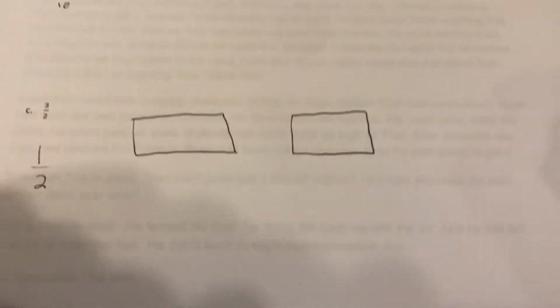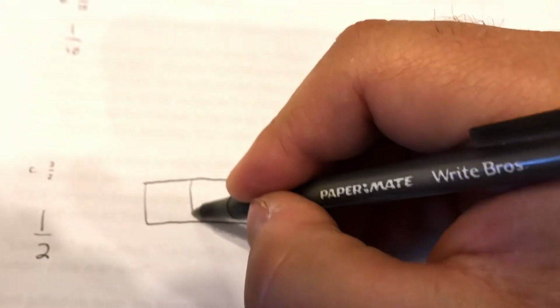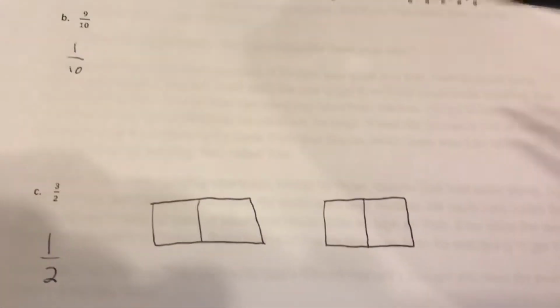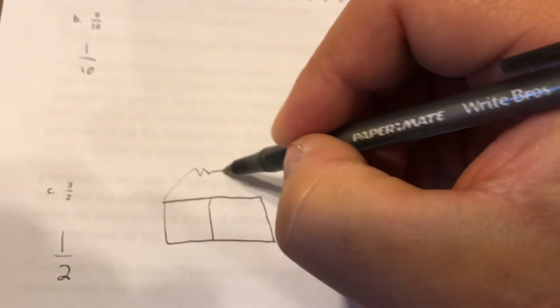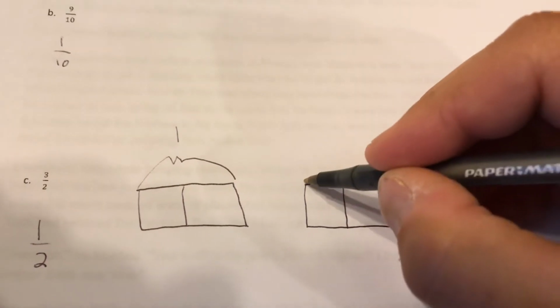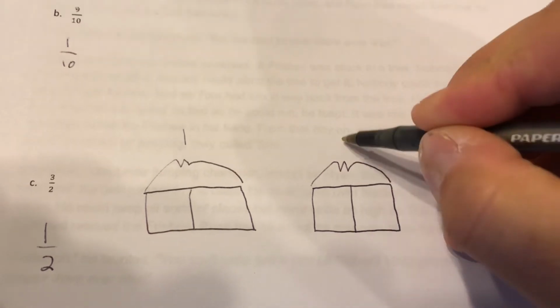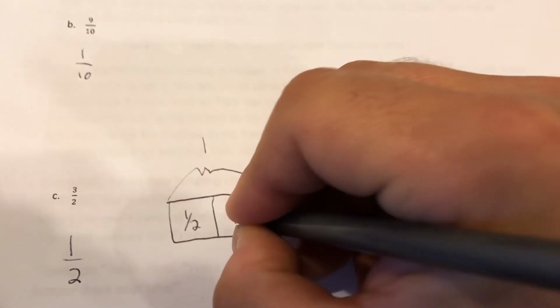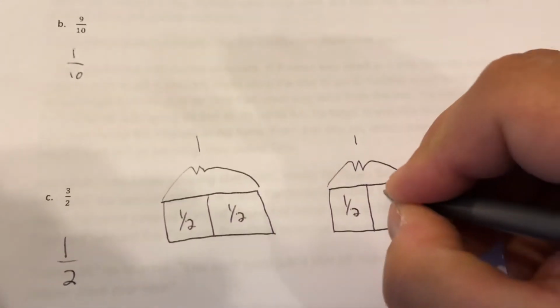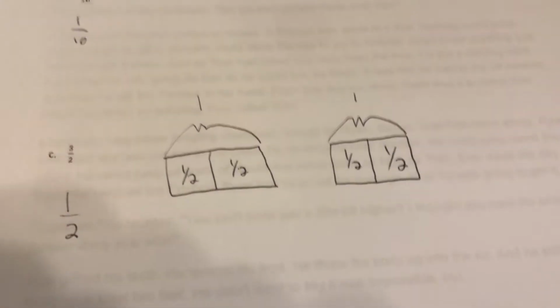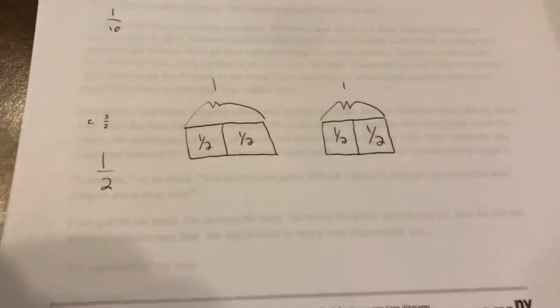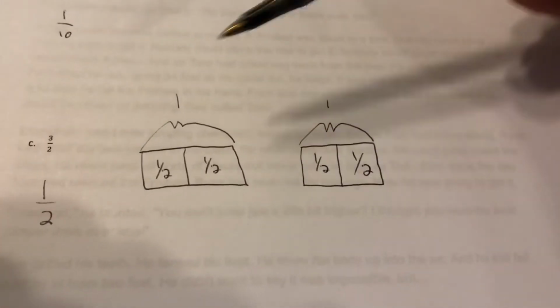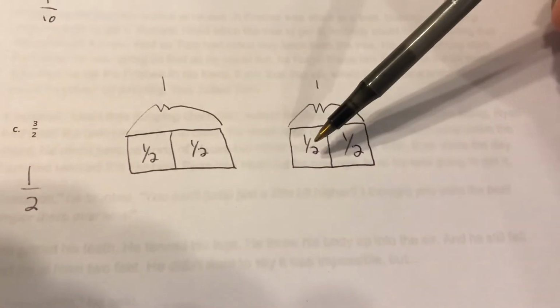So to achieve that, I'm going to need more than 1 whole. So I drew 2 wholes, and I'm going to partition them both into halves. 1 whole, 1 whole. Half, half, half, and half. Now, to show 3 halves, I can just look and see 1/2, 2/2, 3 halves.